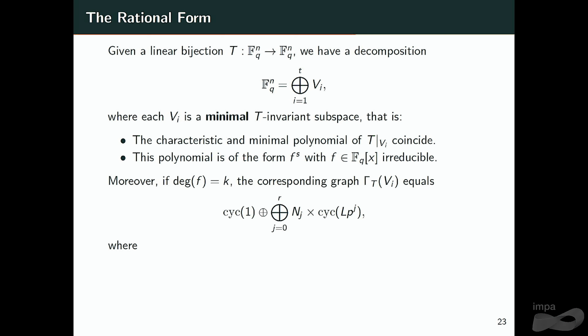And it turns out that for these maps, if I take the restriction to a minimal invariant subspace, we have a very nice description of the graph, right? So basically, I'll have one fixed point, which corresponds to 0.